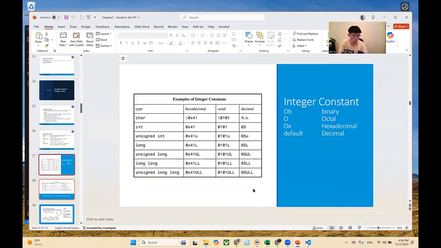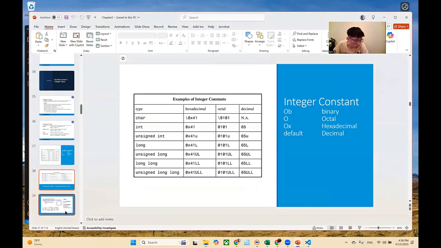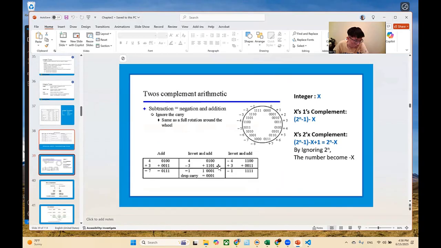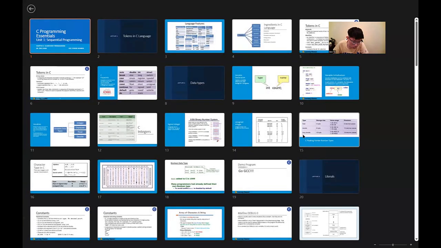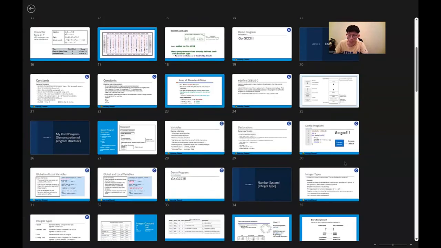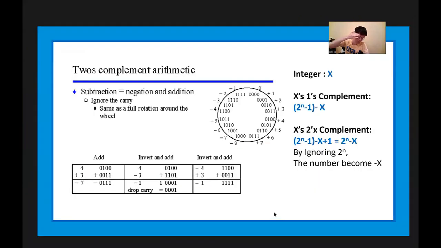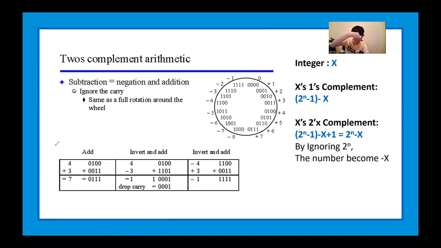Okay. Yeah. So here, let's see, signed integer and unsigned integer. So let's look at this one. Let's assume that we are comparing the signed integer and unsigned integer. What is signed and what is unsigned? Let's assume that we are talking about a 4-bit system. So in a 4-bit system, let's look at unsigned integer.